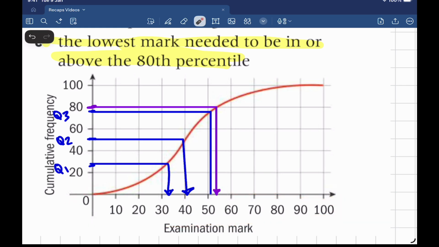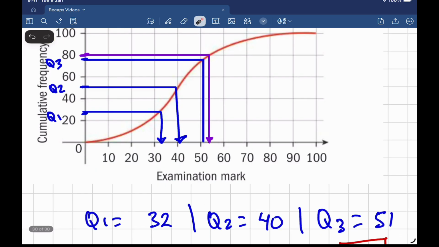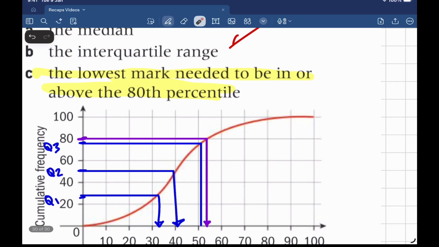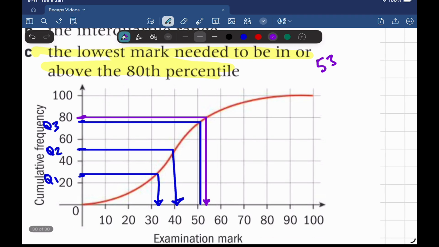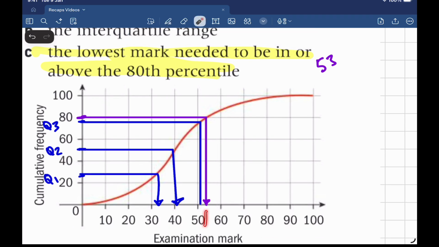So we can say this is an estimation. Maybe here is 52, 53. So for letter C, I can say, pay attention, if you got a 53 or more, you are going to be here, between 80 and 100, because they are asking in or above. And that's it.